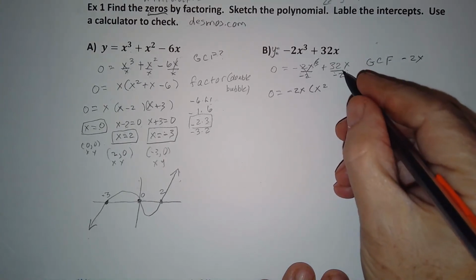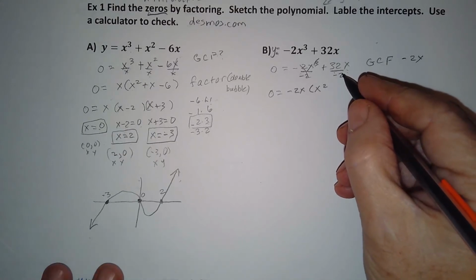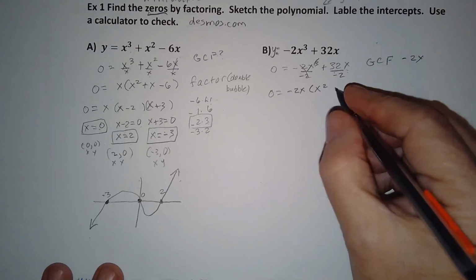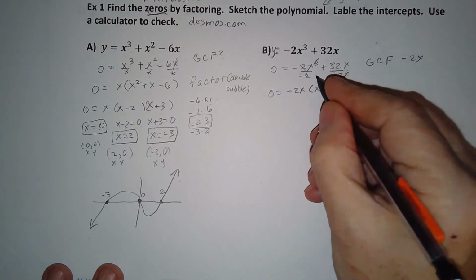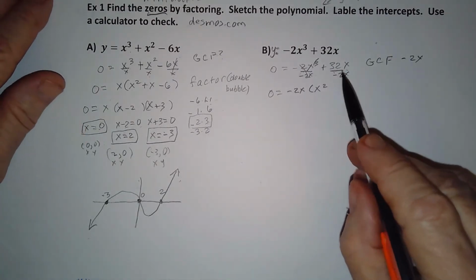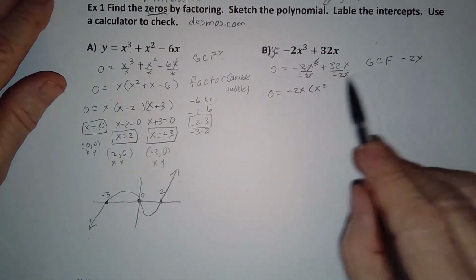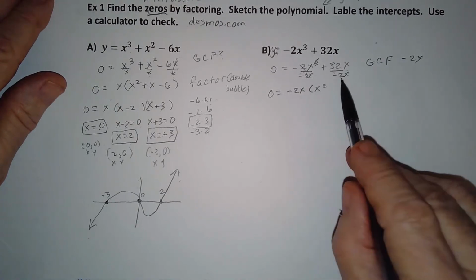And let's see, 32 divided by negative 2, that's negative 16, isn't it? And then, of course, the x, and this is, oh, and I'm also dividing by x. Okay, so let me make this clear. We're dividing out by negative 2x. I left out the x there, so I've just added it back in.